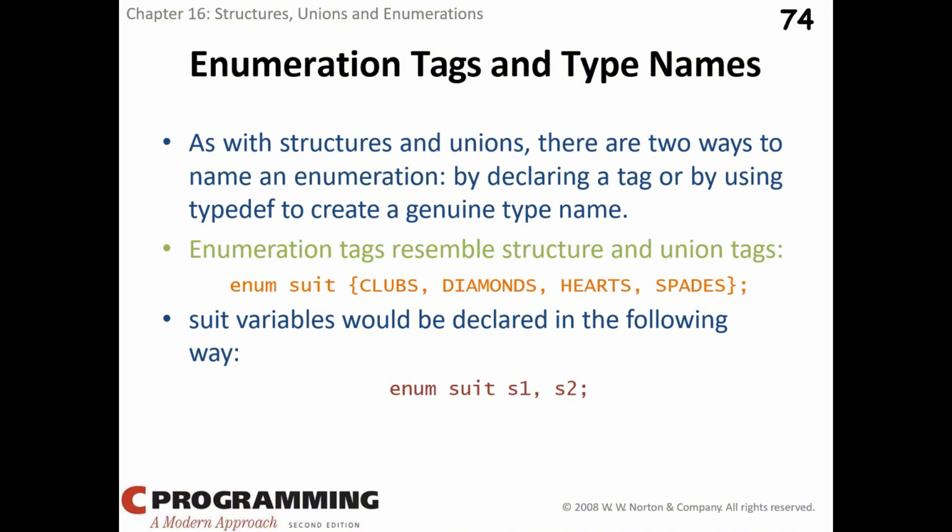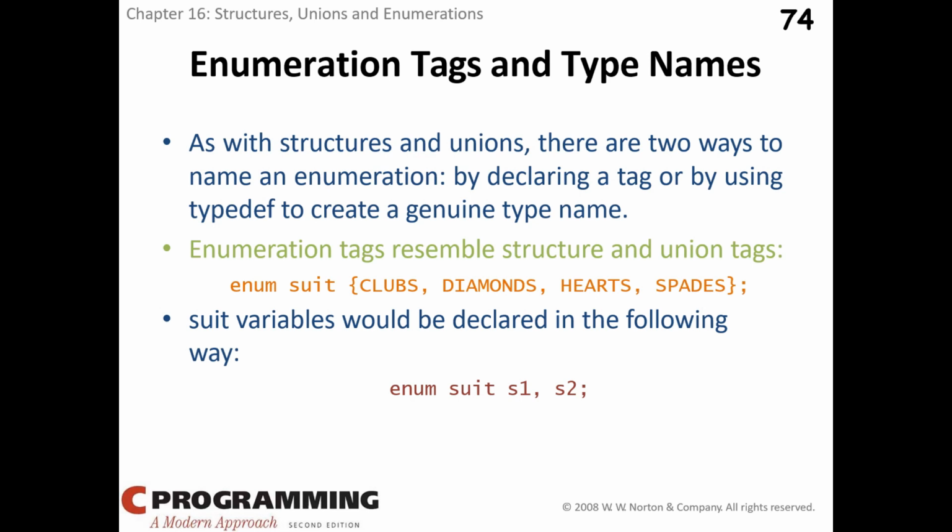In the first code, suit is the enumeration tag, and the constants clubs, diamonds, hearts, and spades represent the possible values of the enumeration. And to declare variables of this enumeration type, you'll use the enum keyword followed by the tag, like the one we have at the bottom of our slide.